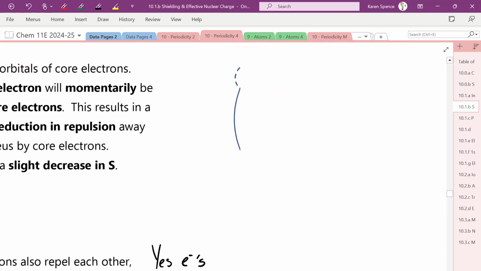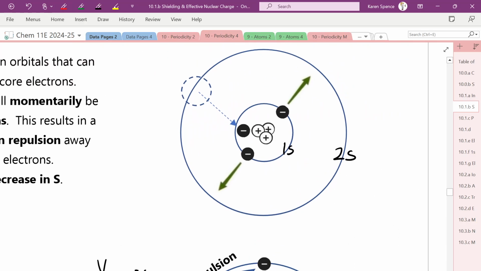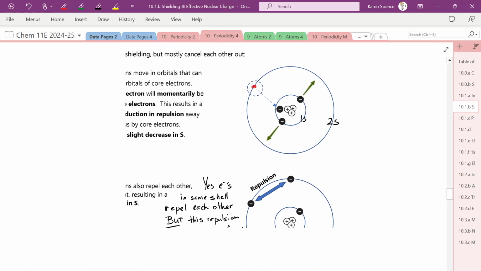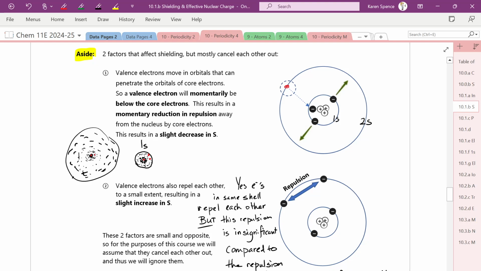So occasionally, that's why the Bohr model is not the best, because according to the Bohr model, this electron's always stuck here, but we know that it's not really stuck in this spinny-around-the-nucleus thing. It can sometimes get in closer, which will cause an extra attractive force. Do you care? Probably shouldn't. Okay. But it does explain why we can completely ignore the repulsion, because it is basically canceled out by this other attractive force. Okay?